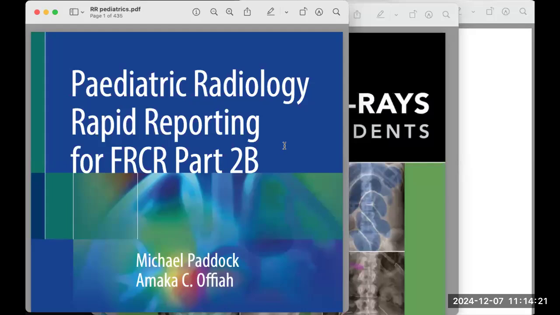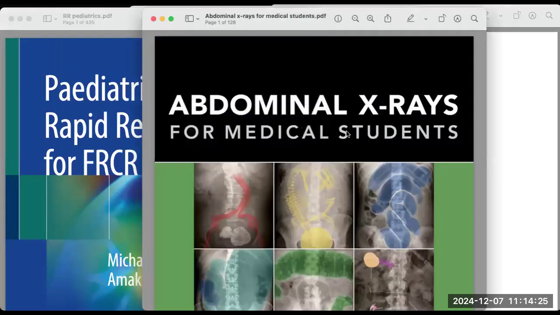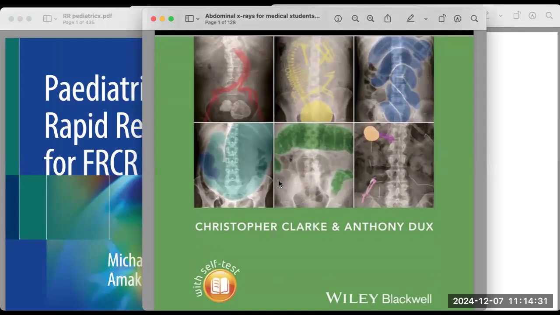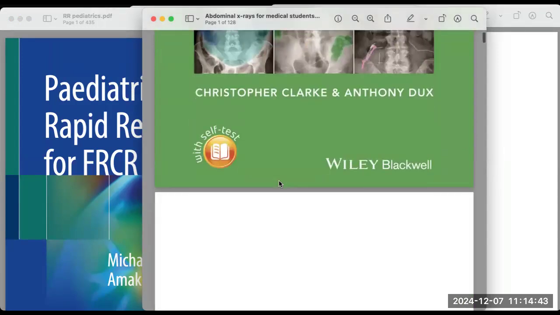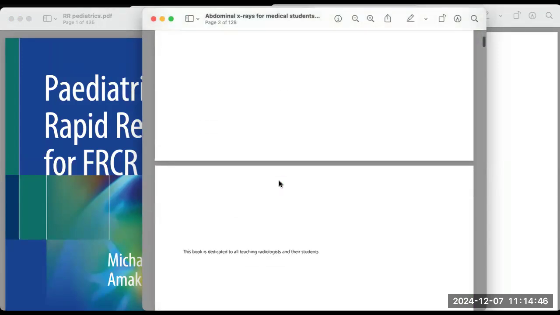Another book also is important, and I think most of you don't know it. This is the Abdominal X-ray for Medical Students. For myself, I feel I was a little bit weak in abdominal X-rays. I don't see many abdominal X-rays in my work, and even in the exams, there are not many abdominal X-rays. So I read this book specifically for abdominal X-rays.